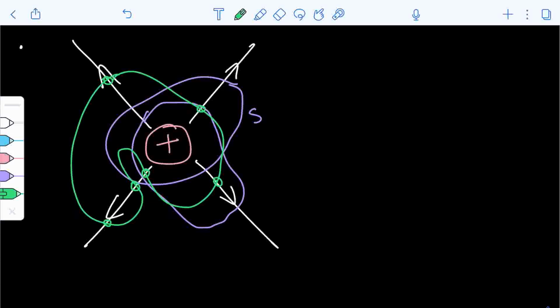So, the key thing that we need to quantify is, what do we mean by the number of electric field lines going through a surface?